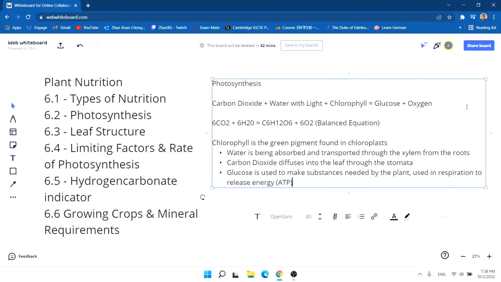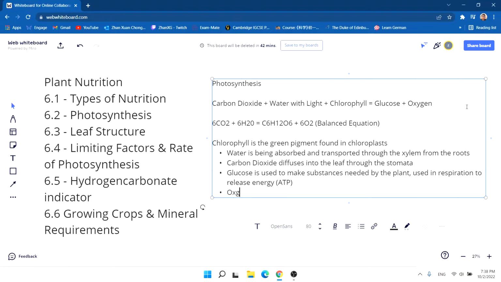In the end, oxygen is diffused out of the leaf through the stomata. So this should not be too hard to understand.